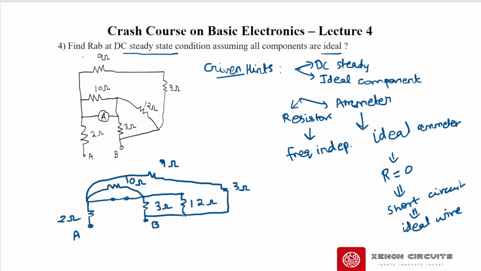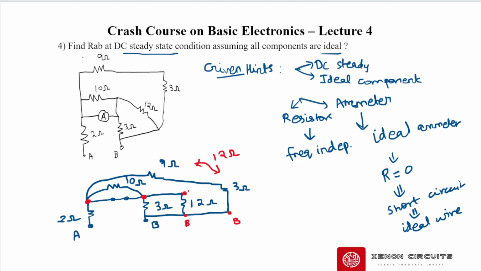Now first let me name the nodes. This is also node B, this is also node B, right? Just by looking at this, I can say that these 3 ohm and 9 ohm are connected in series, so we can simplify that to 12 ohms. And then there is a short between this node and this node.